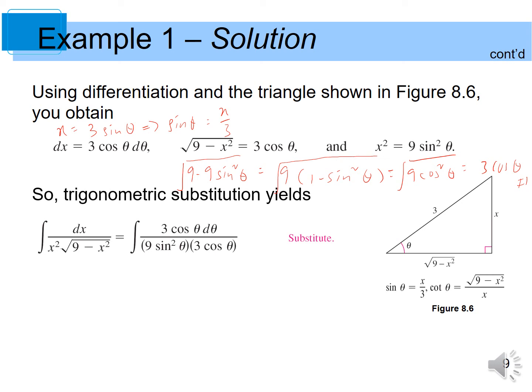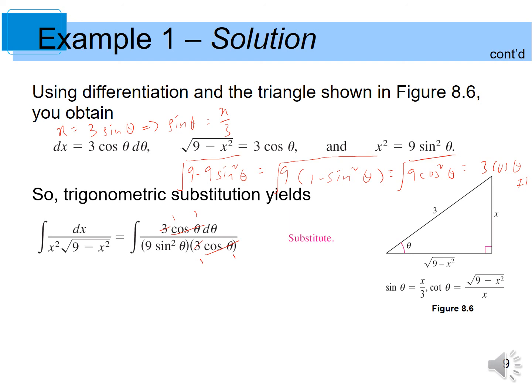Now, based on this, we perform the change of variable. We change the x variable into the theta variable. The x squared is 9 sine squared theta, the radical 9 minus x squared is simplified to 3 cosine theta, and the dx is 3 cosine theta d theta, so we can simplify the 3 as well.